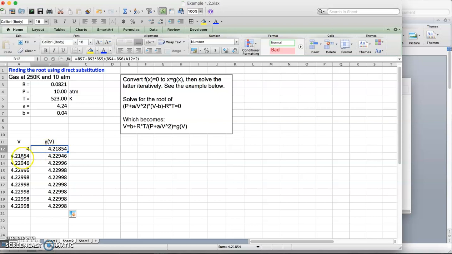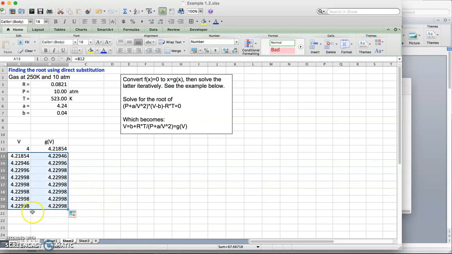The next step is you equate the next v to be the g of v of the previous step. So this cell is going to be exactly equal to that cell. For the rest of it, we highlight this cell and drag down one level. Now we get these two populated. Then we highlight these two and drag down a few more steps.